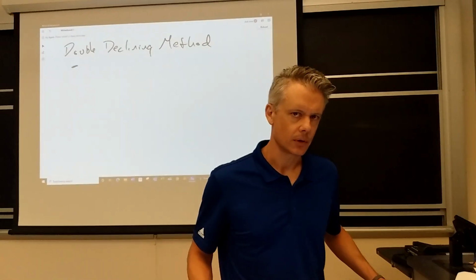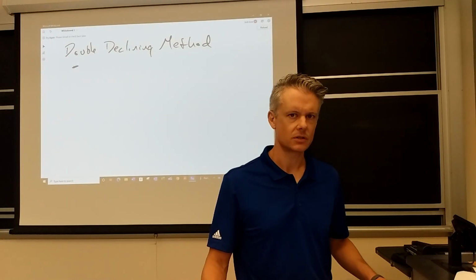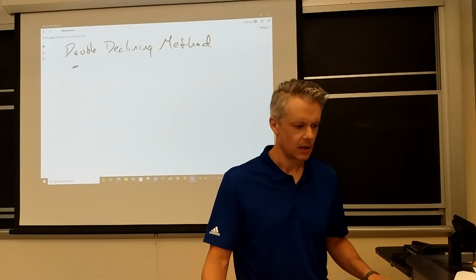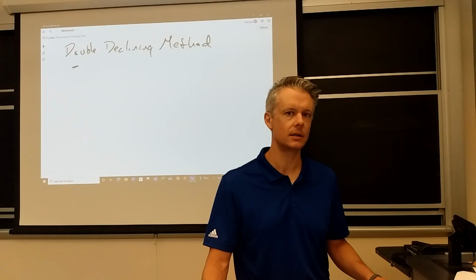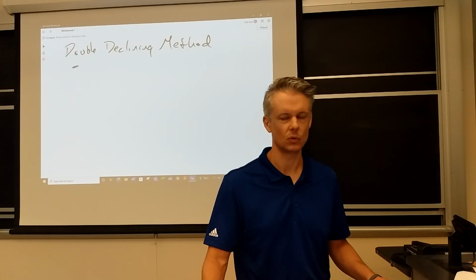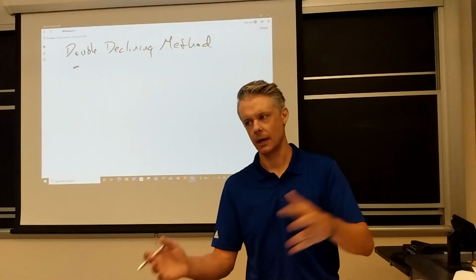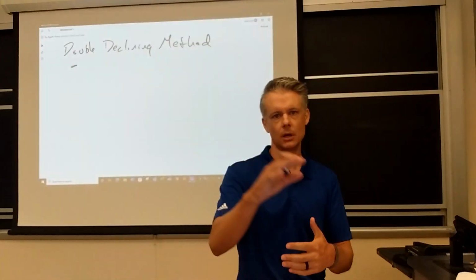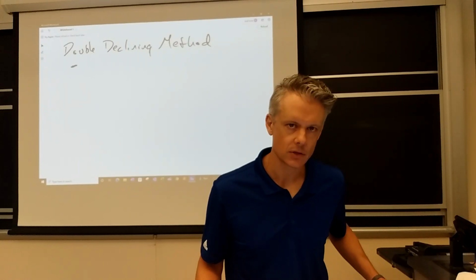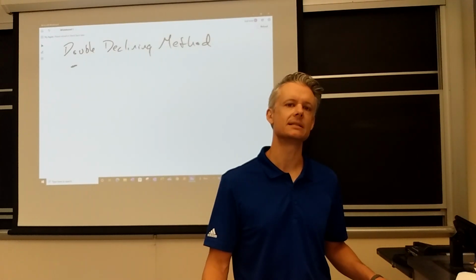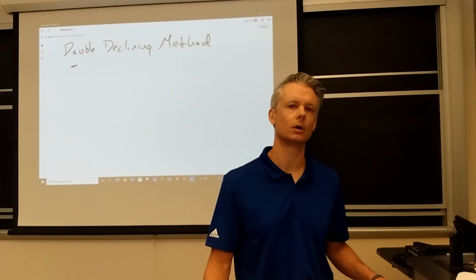What makes this different from the other methods that we just discussed is that we concentrate on the ending net book value or beginning net book value, right? The ending net book value of one year is the beginning book value of the next year. We concentrate on book value instead of depreciable cost.